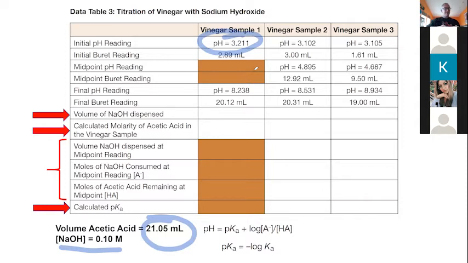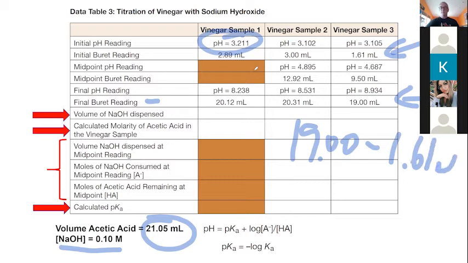So you take the initial volume. If the initial volume is 1.61 mL, and you turn the stopcock and you let liquid come out, at the end of the titration it is 19 mL. And so the total amount of sodium hydroxide you used was 19 minus 1.61 mL.